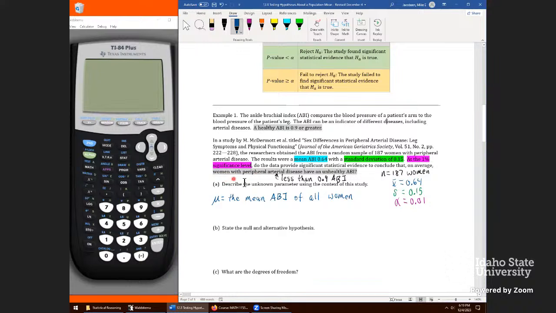Here in the question it said women with peripheral arterial disease, so that has to be here in the context as well. So the unknown population characteristic or parameter is the mean ABI of all women with peripheral arterial disease.